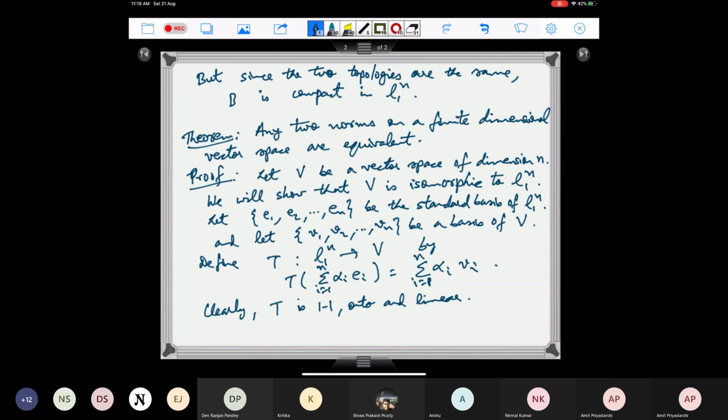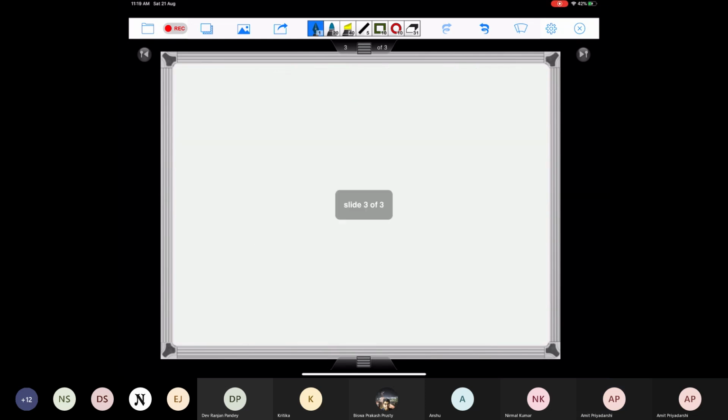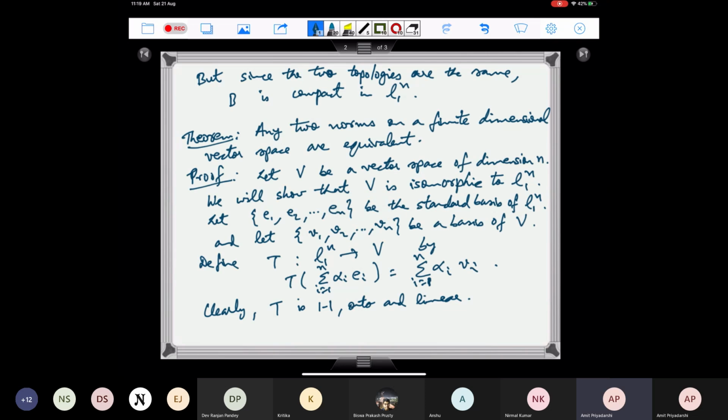So why is T continuous? Just like we proved that if we had any norm on Rn, then we showed that it is bounded. So similarly we can do this.